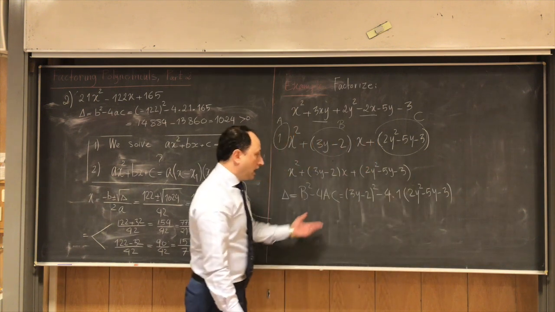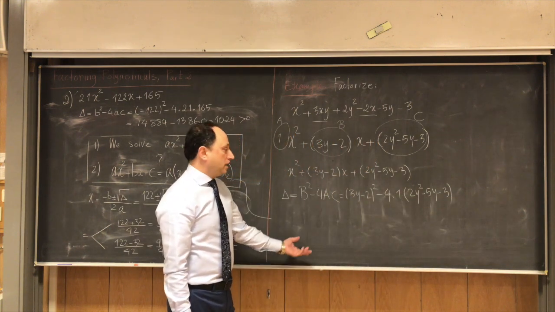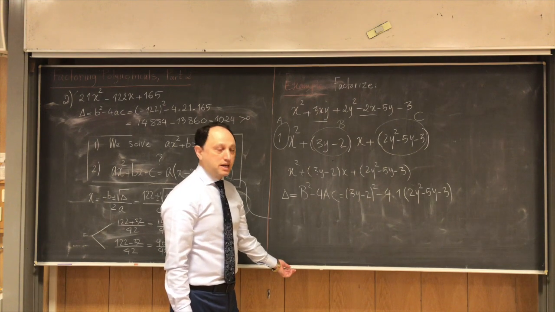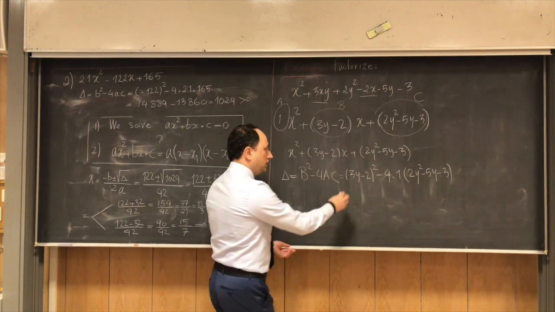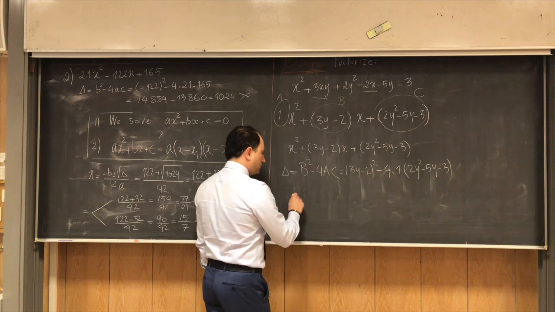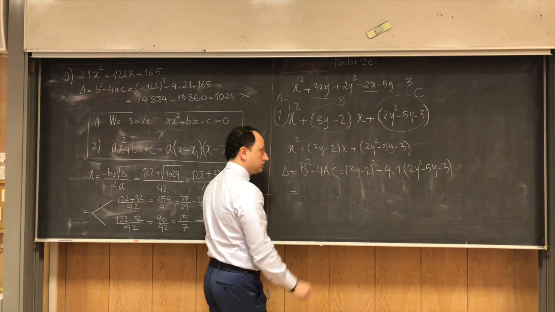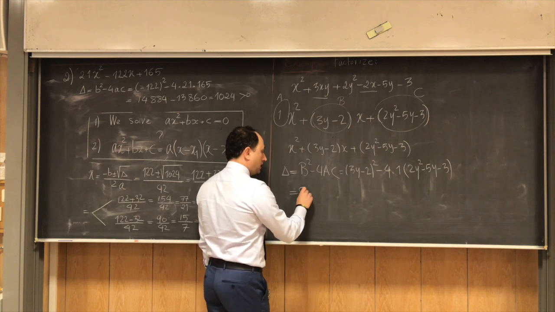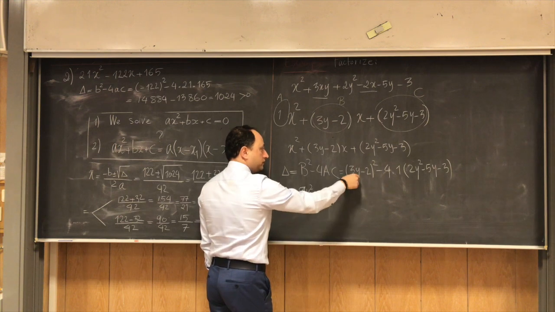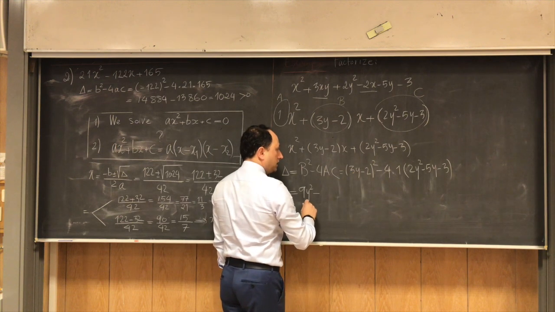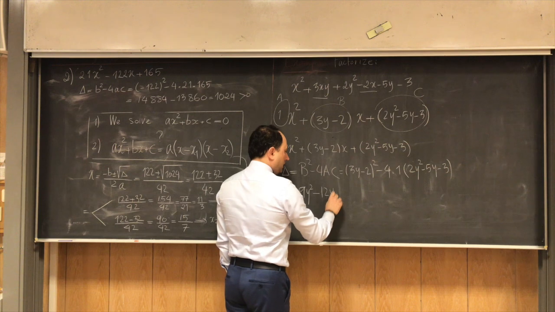Yes? I have to simplify this as I did with numbers. But here, I want to raise it to power 2, so I have to use the quadratic rule. So the first one squared is 9y squared. 2 times the first one times the second one is 12y, and then I have 4.